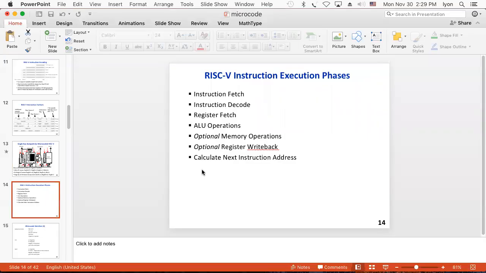So the RISC-V has a very familiar sounding sequence of events that it has to go through. Got to fetch the instruction, decode the instruction, do some kind of operation, store the result somewhere, figure out what the next program counter address will be, and then repeat.